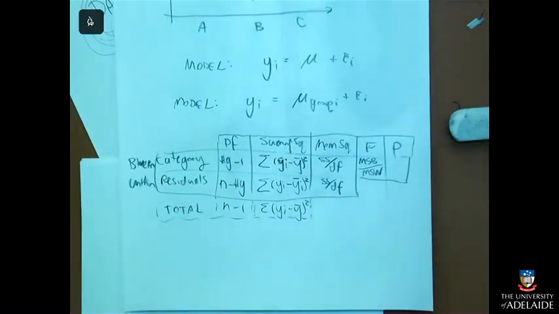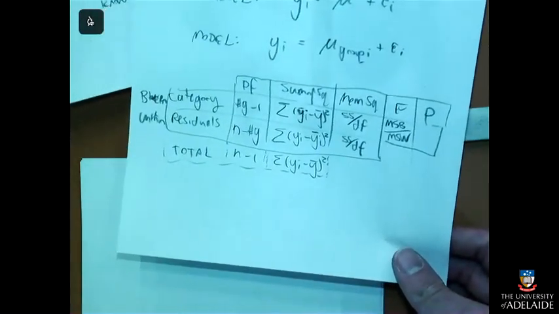That's the idea of ANOVA, and you normally read everything off of the output from R. To look up the p-value, you need to look up the correct F distribution.